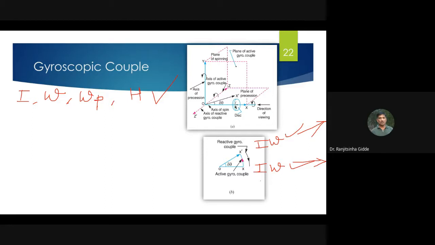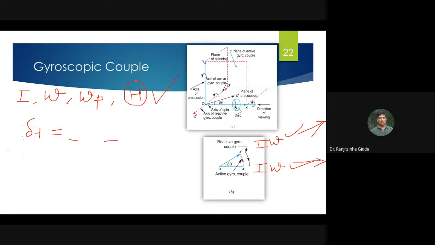Next line you can write, therefore, change in angular momentum. Now, this is angular momentum h. How to represent change? This is delta h.